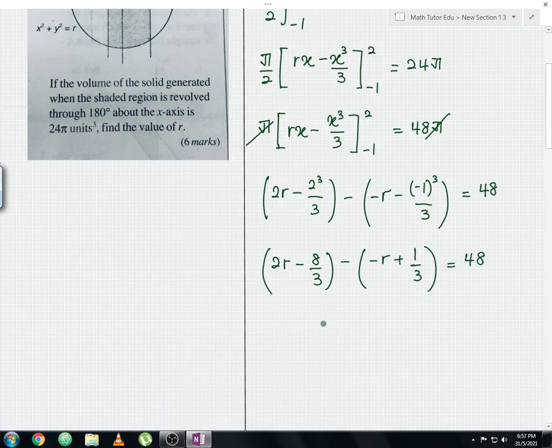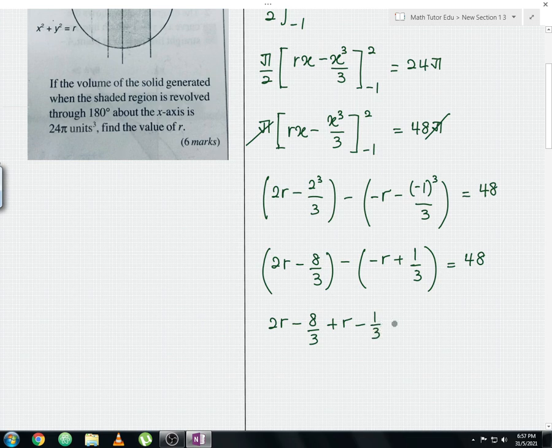So the negative you times in. So from here 2r minus 8 over 3 minus become positive r. So the minus times with minus, so you get become positive r. So the negative times with positive will become negative 1 over 3.